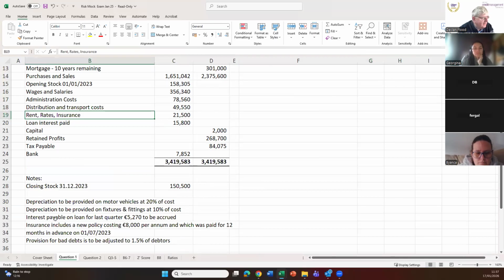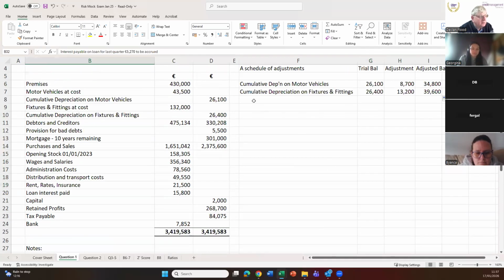The third thing is interest payable on loan for last quarter. 5270 to be accrued. So now where's our interest payable? Loan interest there. Copy.